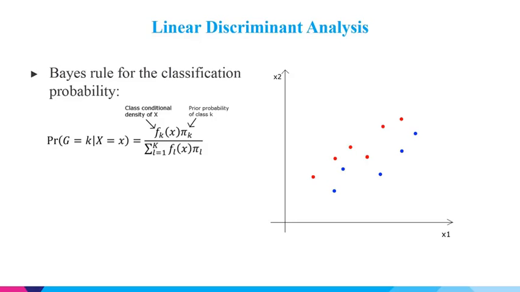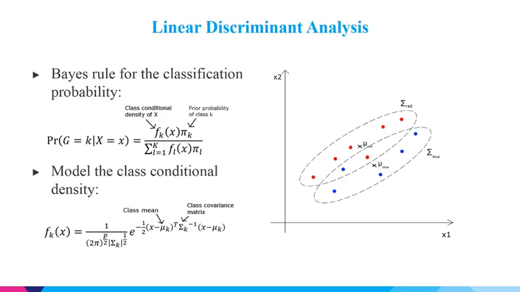And we have the class conditional density, which is the probability density of the gene expression values conditioned on the class, k. The next thing we do in linear discriminant analysis is we have a simplified model for what the probability distribution for the gene expression values is, conditioned on the class.